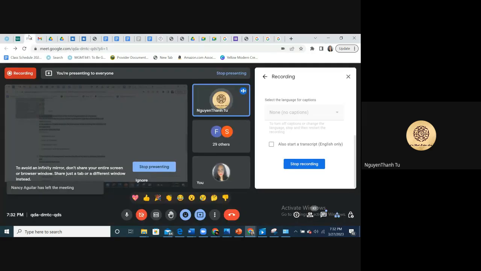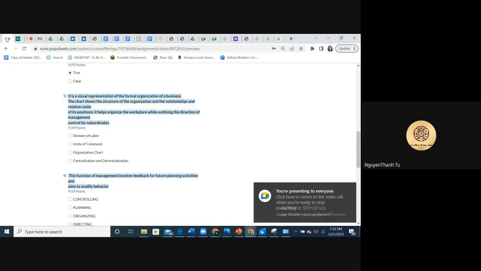The chart shows the structure of the organization and the relationship and relative ranks of its positions. It helps organize the workplace while outlining the direction of management control for subordinates. The answer is organization chart. Thank you, Nguyen Tan. Organization chart.